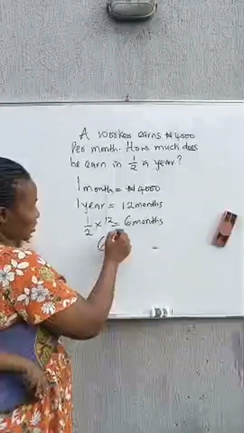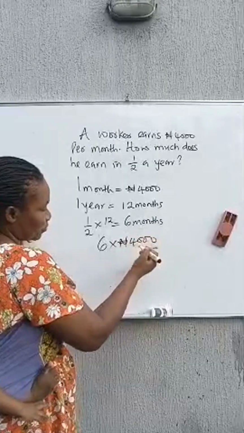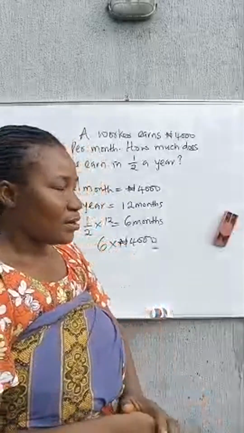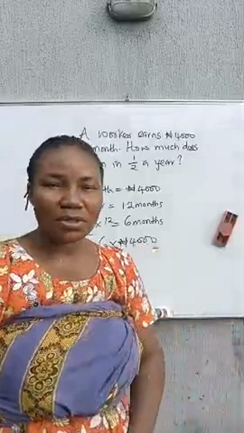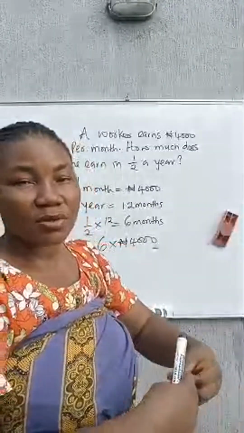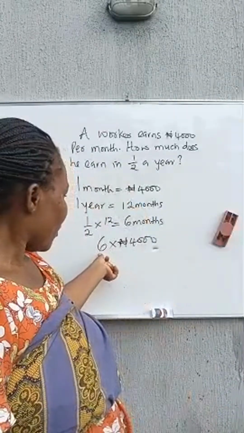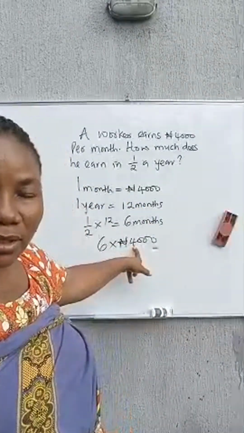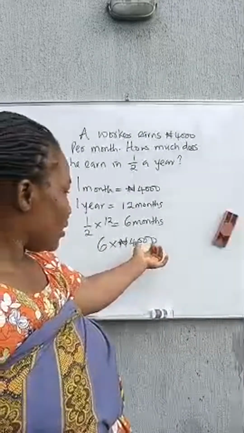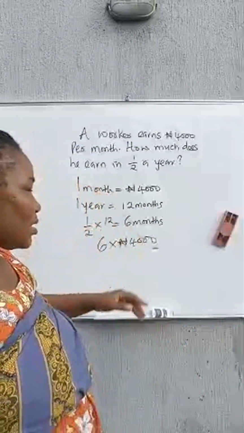So to know what this worker earns in half a year, we do 6 months times 4,000 naira. Now to carry out any multiplication that has a multiple of 10, 100 or 1,000, you simply multiply the values, that is 6 and 4, then you add the number of zeros to whatever you've gotten as the answer.